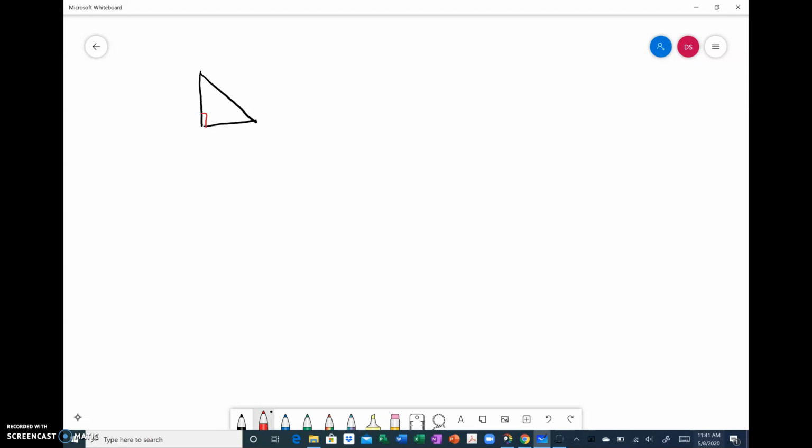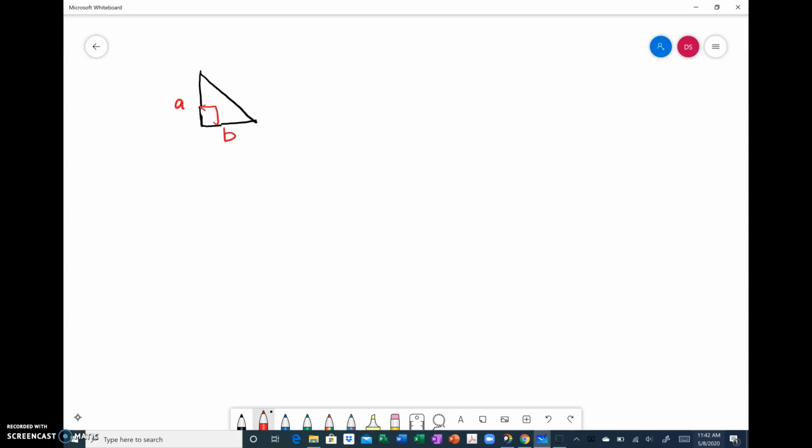In the key concept box, it says, for any right triangle, the sum of the squares of the lengths of the legs. So the legs of a right triangle are the ones, and here's a little hint I always give my students, the legs are the sides that the right angle box points to.